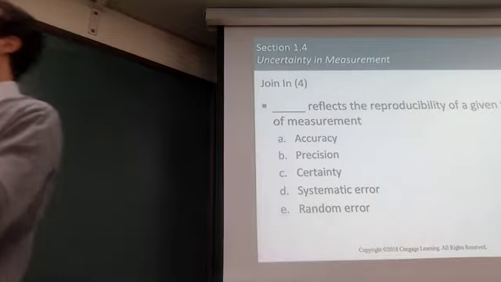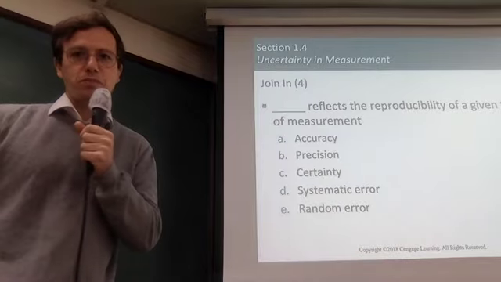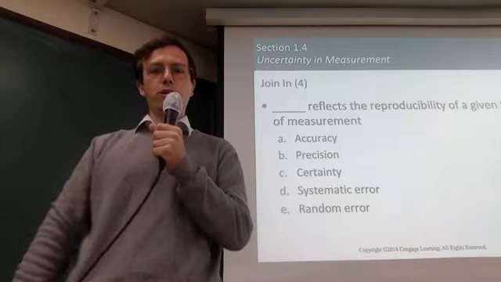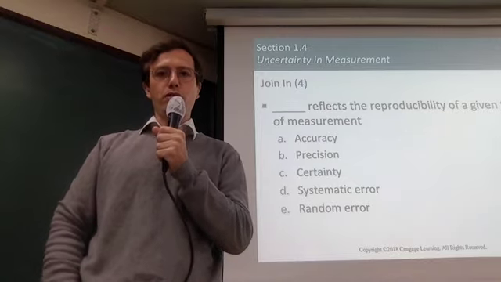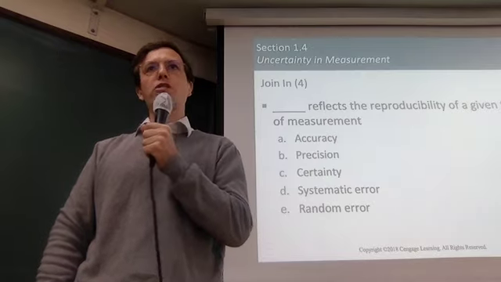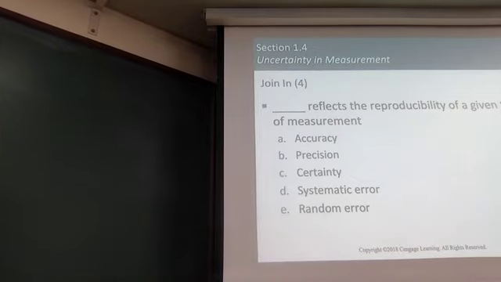Okay, so I think this is a bit unclear. So what reflects the reproducibility of a given type of measurement? Reproducibility means you do an experiment and you do it another time. The result is a bit different, right? So what is the reason for that difference? Why is it different? What has affected that difference?